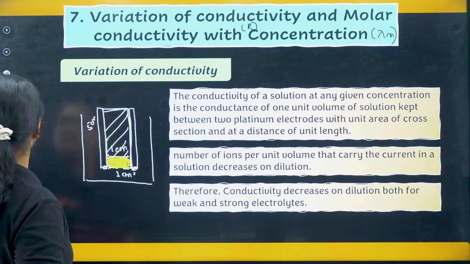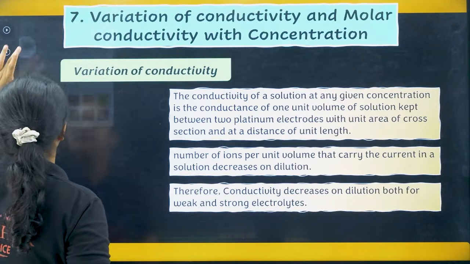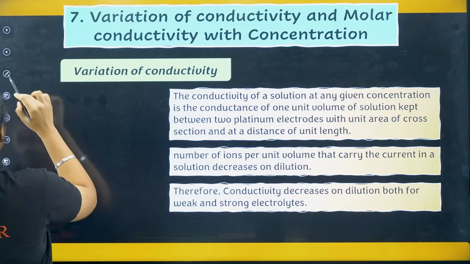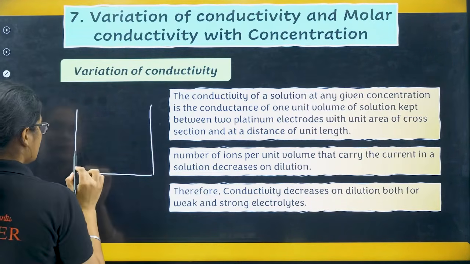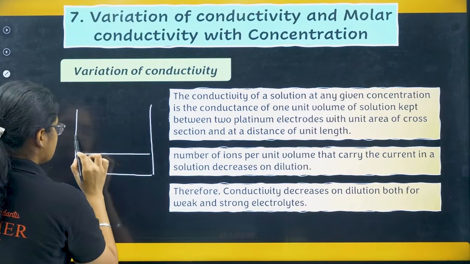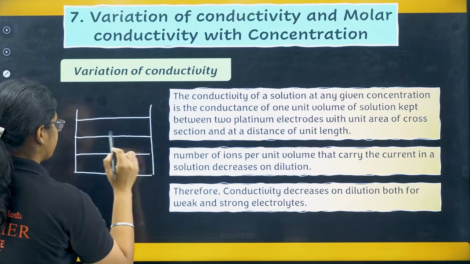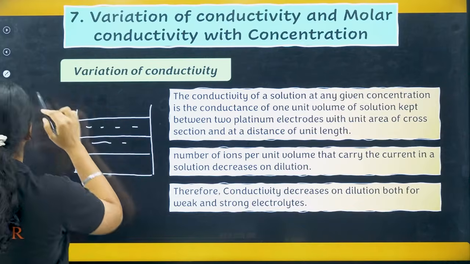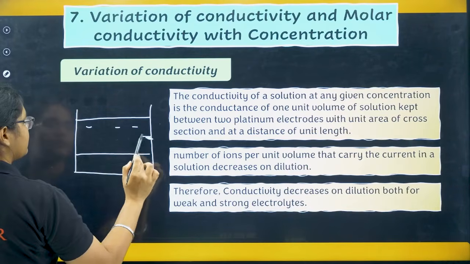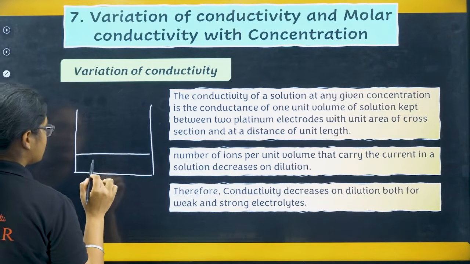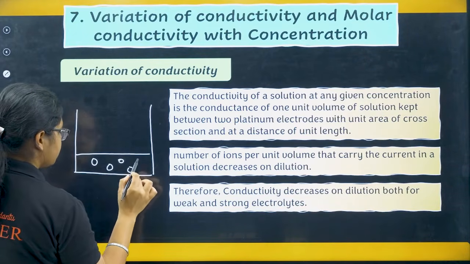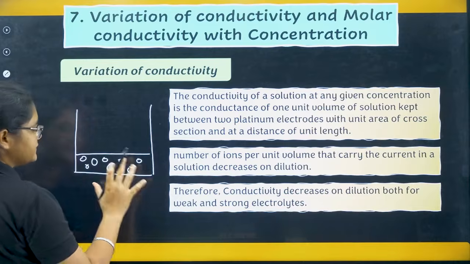So now let's understand this in an easier way. Suppose you have this container, and this is the electrolyte present here. In this, suppose the total number of ions is 5, or more ions are present.